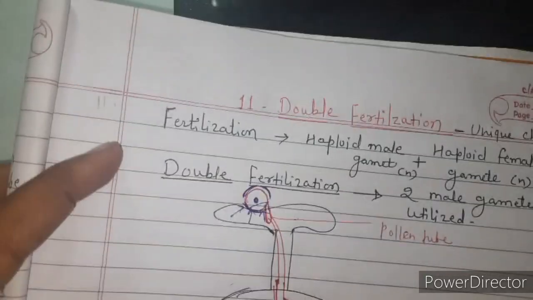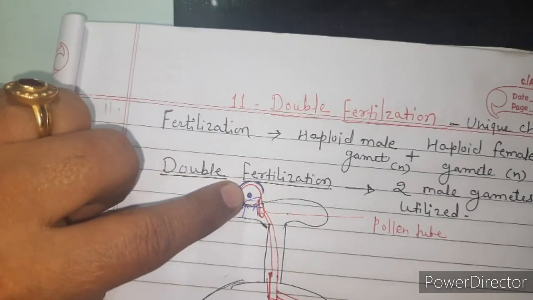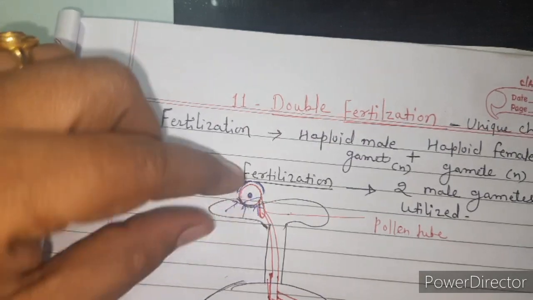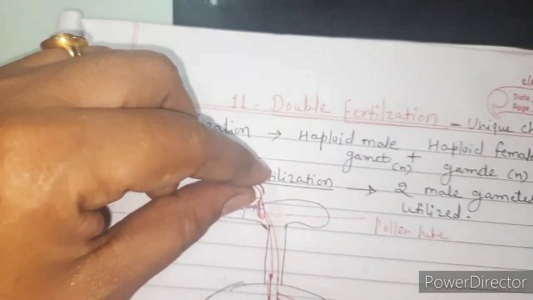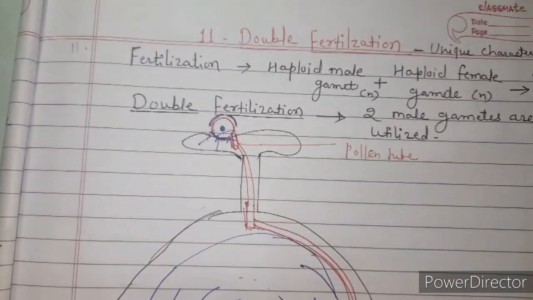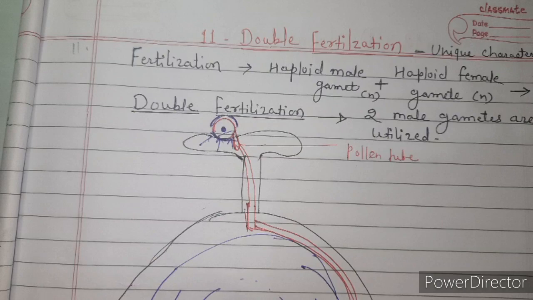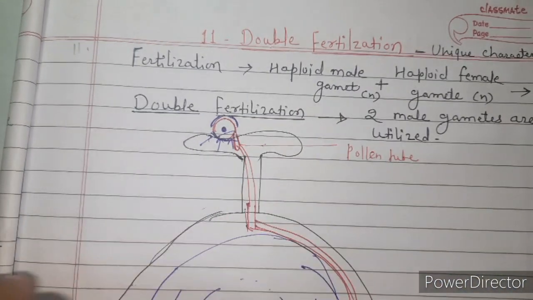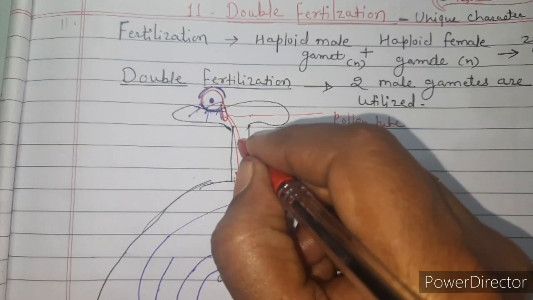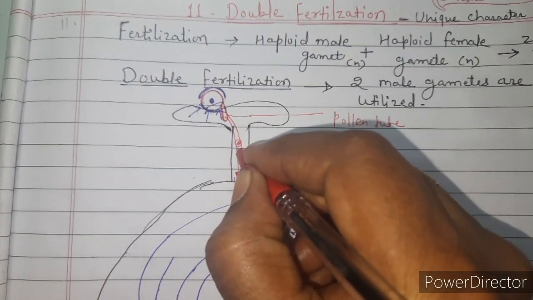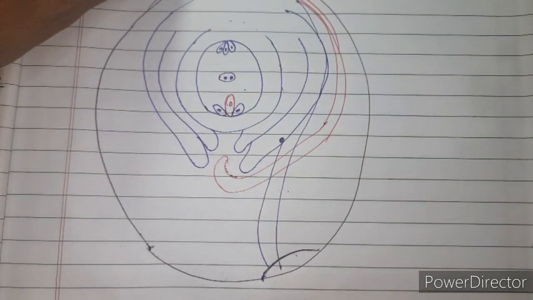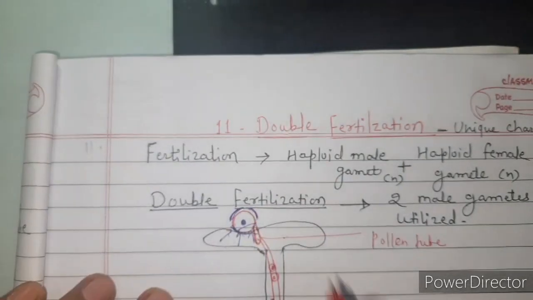Sometimes the generative cell gives rise to two male gametes either inside the microspore or inside the pollen tube, whatever may be the reason, but two conditions are there. Suppose we see here, in the pollen tube the generative nucleus divides into two male gametes.